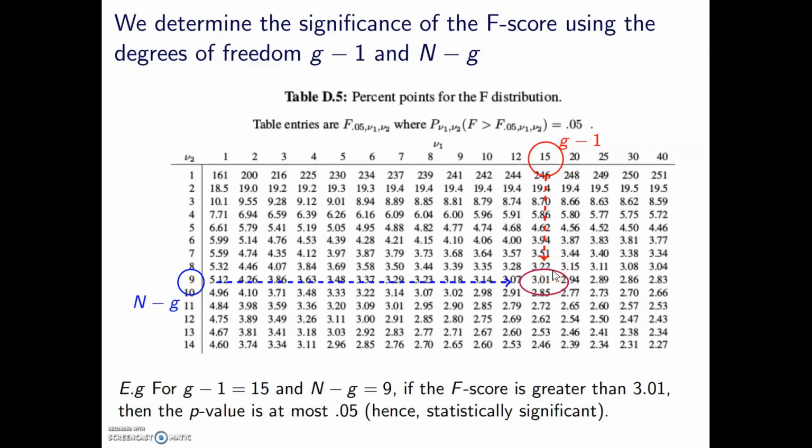For instance, this is the table for significance associated with the p-value of 0.05, and we determine the critical value by knowing the degrees of freedom, g-1 and n-g, by looking at their intersection in the table. If F is below the critical value, then the test is not significant. On the other hand, if F is above the critical value, then the test is significant and we can reject the null hypothesis.